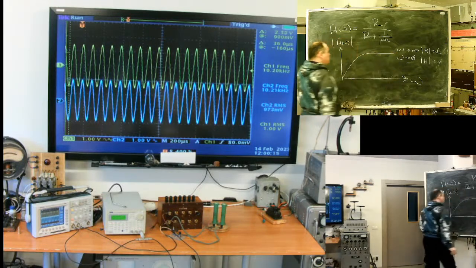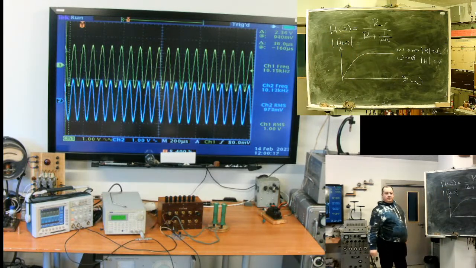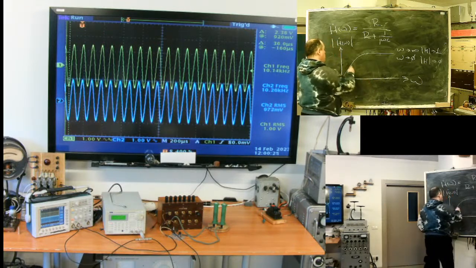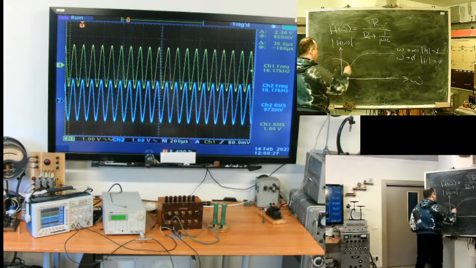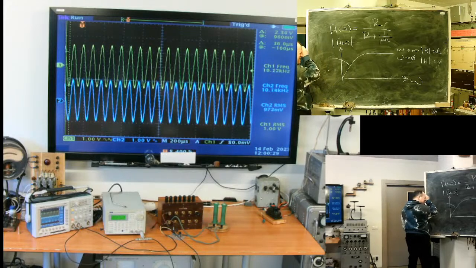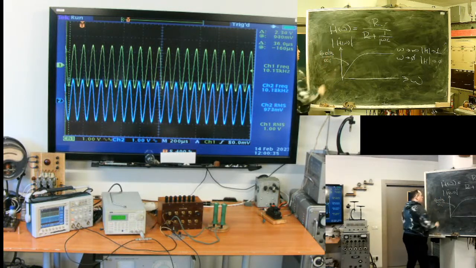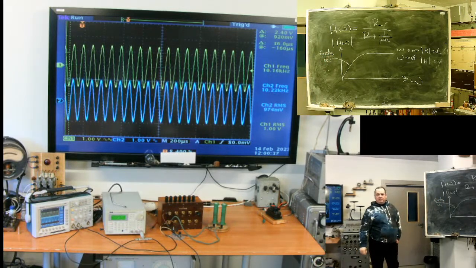I can draw a chart like this. You see it in the literature multiple times. But what's drawn? One moment. This slope usually is related as 6 decibel per octave. What is decibel? What is octave?